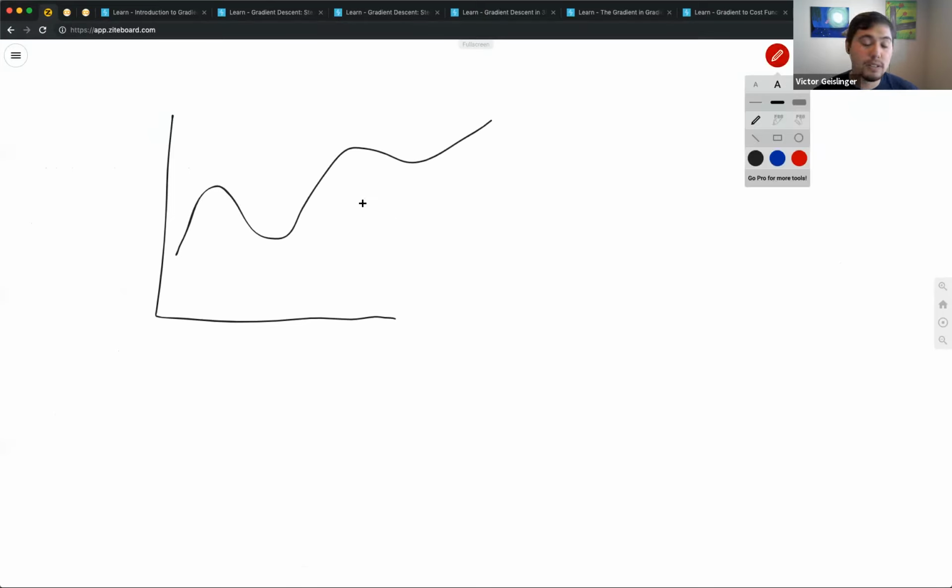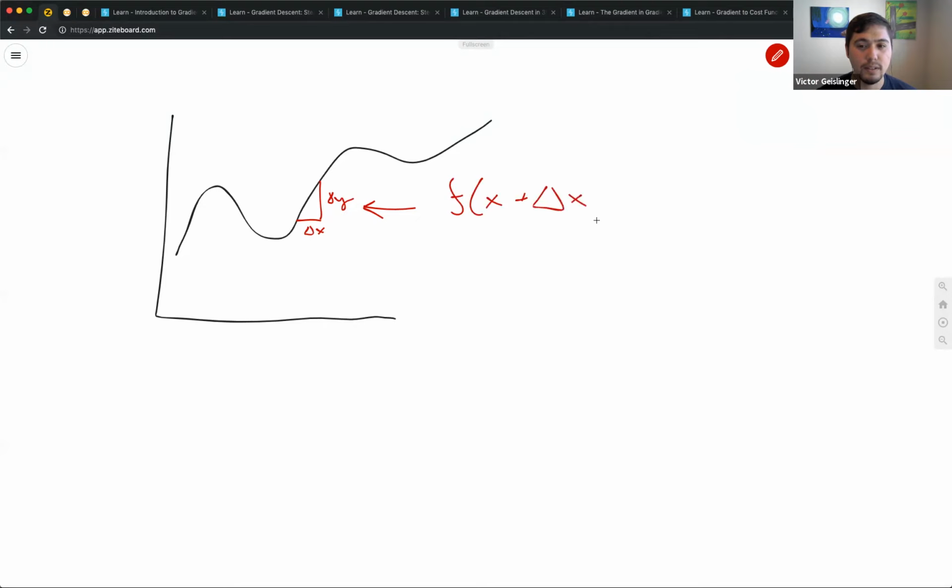So we can now still make our quote unquote derivative part. So let's take from here to here. So here's our change in x, and we can see our change in y. So we can remember our delta y, our delta x, okay? Or as we saw before, we can write that as f of x plus delta x minus f of x, all over delta x, okay?